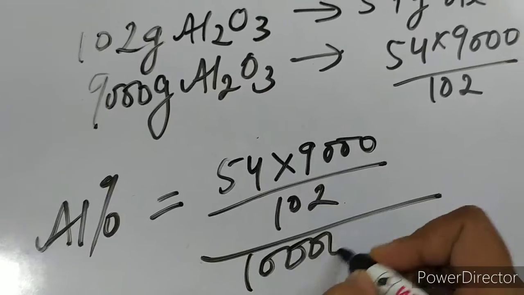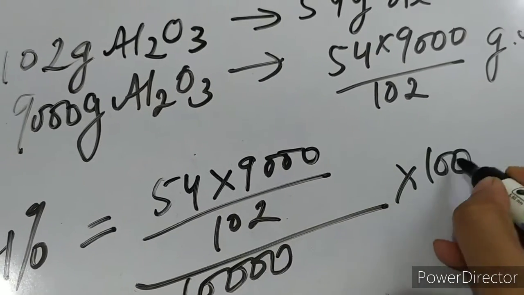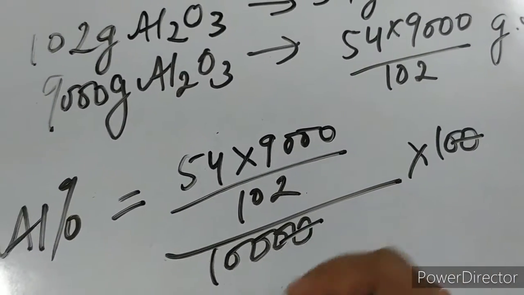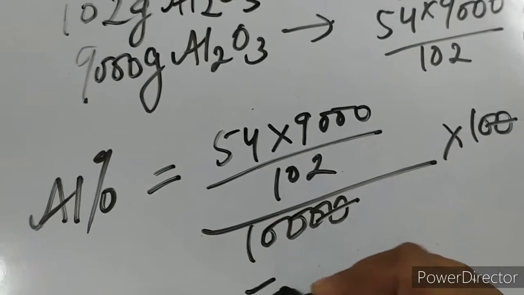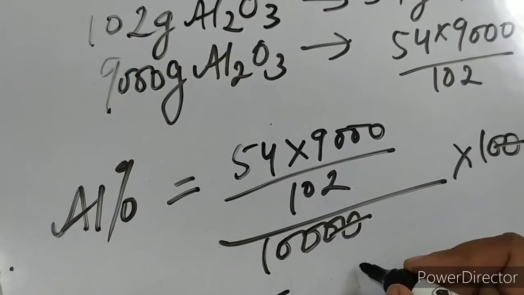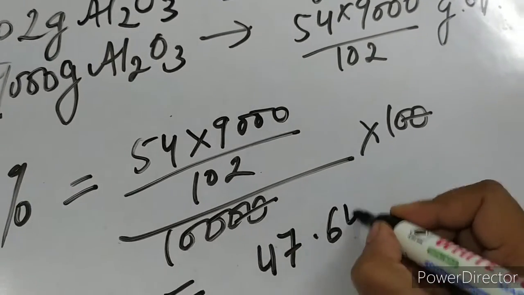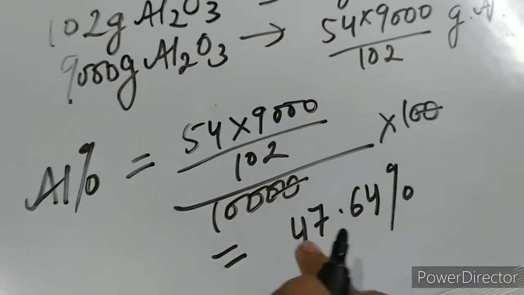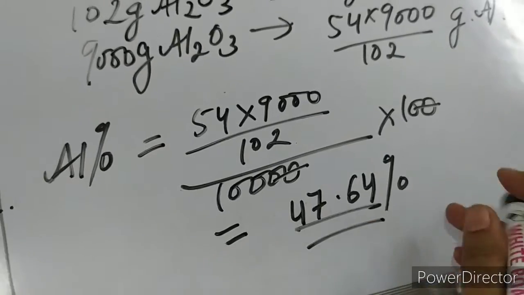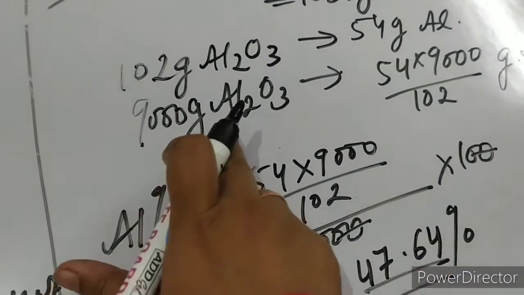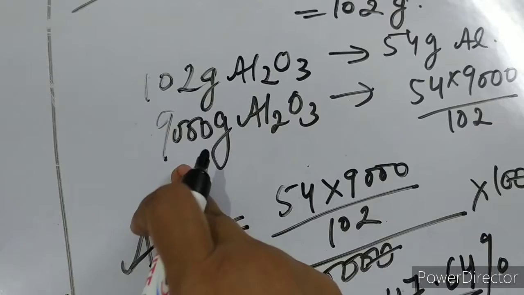Convert it into grams and you will get here 10,000 grams into 100. So this will cancel out, and the final answer you will get is 47.64%.